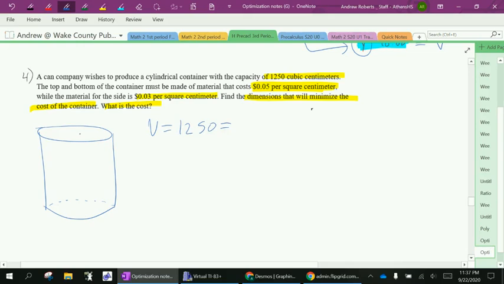I also know the volume of a cylinder is pi r squared times the height. Now I know my surface area is what's going to cost me money. So surface area is 2 pi r squared, because pi r squared is a circle, and there's two circles, top and bottom, plus 2 pi r, which is the circumference, times the height, which gives us kind of the area of a rectangle, if you want to look at it like that.